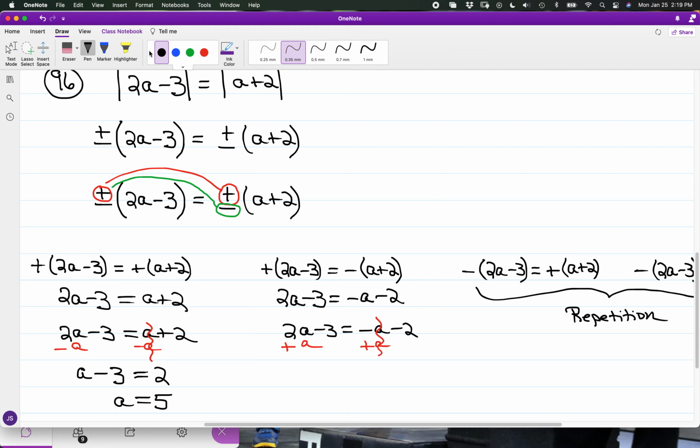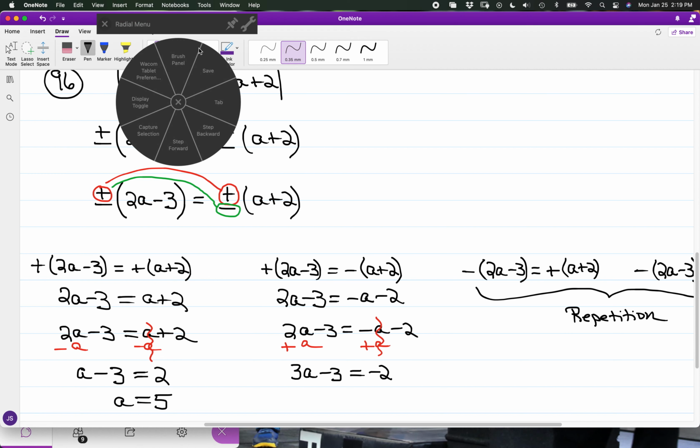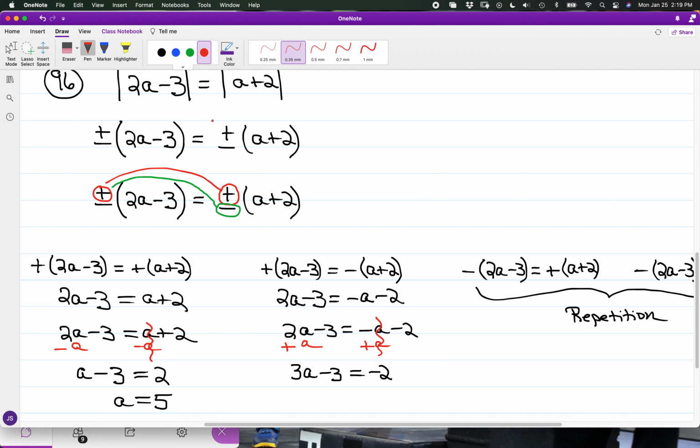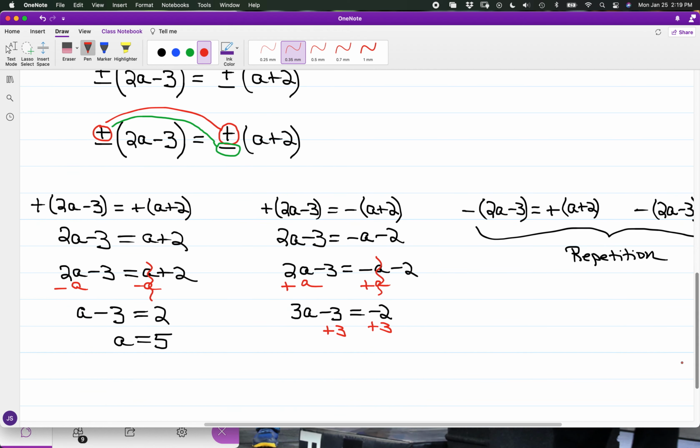So here we have 2a plus a becomes 3a, minus 3 is equal to negative 2. And adding 3 to both sides, you have 3a is equal to 1, and with division by 3, we have a is equal to 1/3.